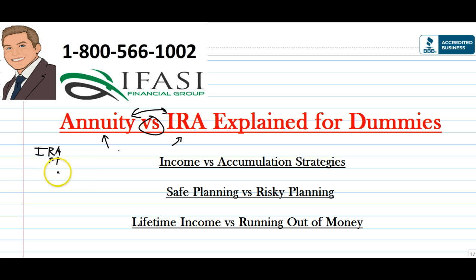Simply put, an individual could have a 401k that's set up through their employer. So they're working for a company. That employee is taking dollars from their salary and placing it aside into a type of retirement bucket known as a 401k account or a 403b account or a TSP, whatever the case may be.